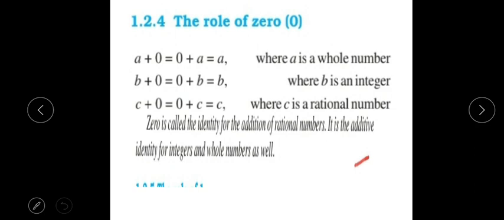Now the role of 0. 0 is a magical number, you can say. If we add 0 to any number, either from the right hand side or from the left hand side, the result remains the same.